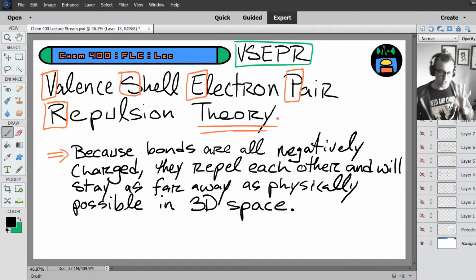That is the crux of VSEPR theory. That's what it's all about.